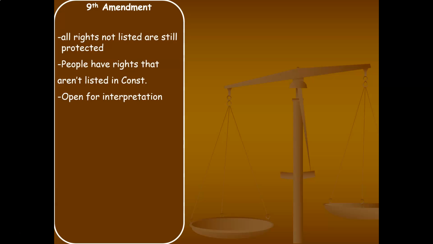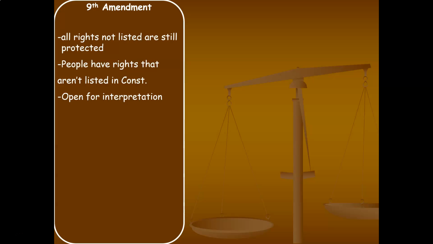All right, the Ninth Amendment: all rights not listed are still protected. Essentially, there are things that are listed in the Constitution and the Bill of Rights. If it is not listed in one of those areas, then it's protected. There are hundreds of rights that we could talk about that are protected by the Constitution. Specifically, your rights are protected even if they are not explicitly listed.